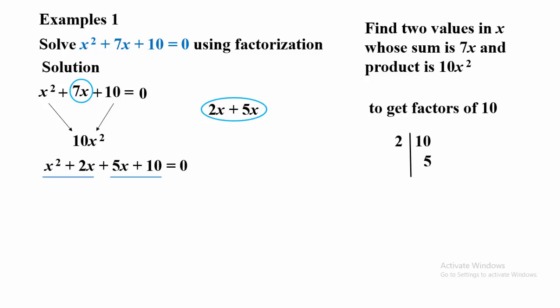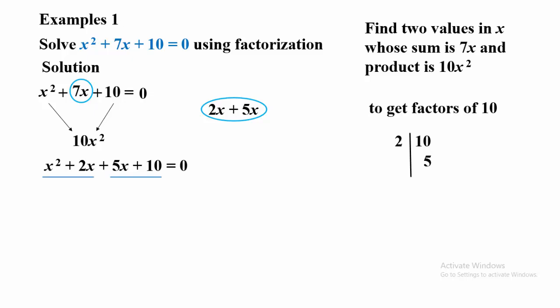One part is x squared plus 2x and the other part is 5x plus 10, which is equal to 0. At this point, we factorize these two parts. The first one is x squared plus 2x. The common term there is x.